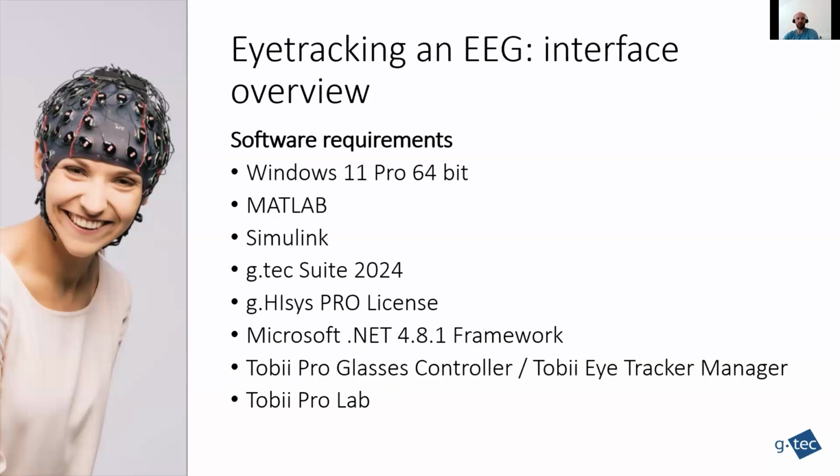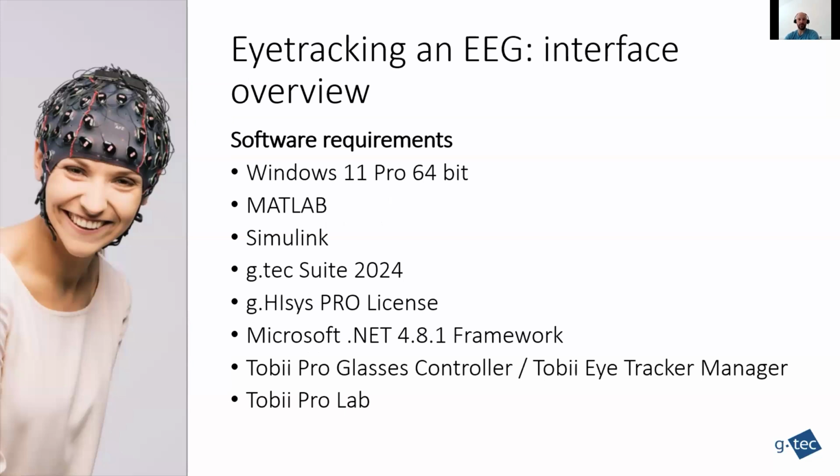What are the prerequisites you need to run the eye tracking software on your PC? You need a PC with a Windows 11 operating system. You need MATLAB and Simulink installed. You also need the g.tec Suite 2024 and the g.HIsys Pro license.